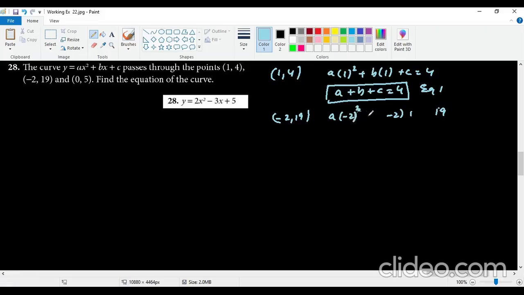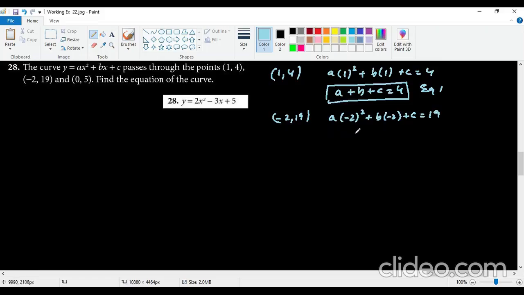Minus 2 square plus c, b multiplied by 1. So it is going to be a minus 2 square plus b negative 2 plus c equals 19.